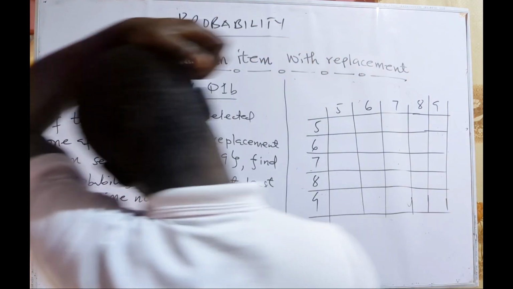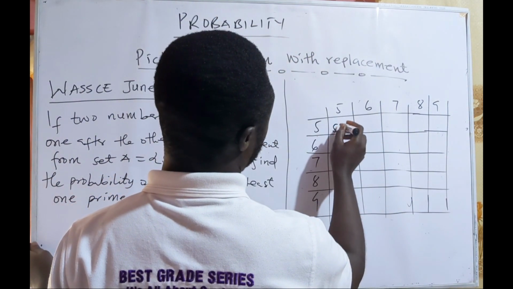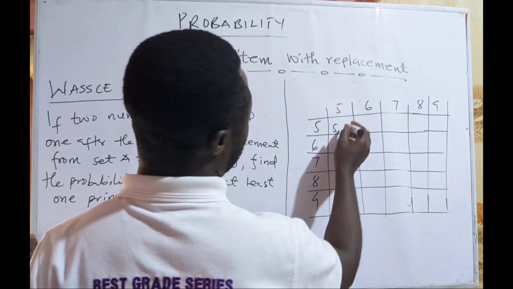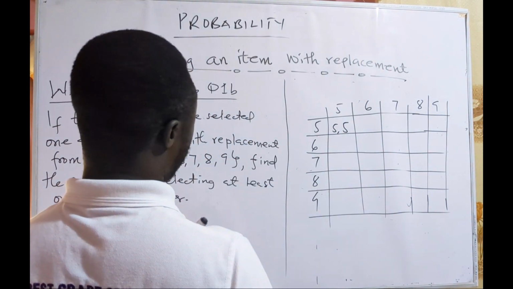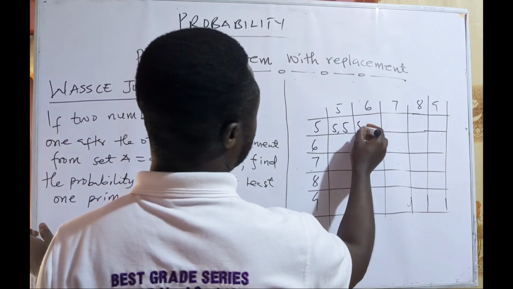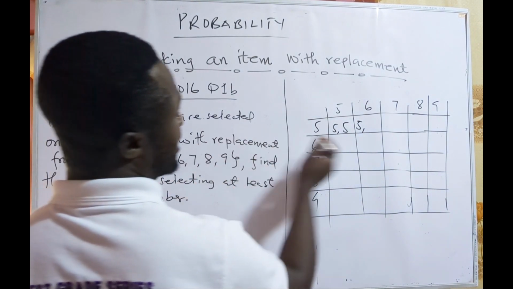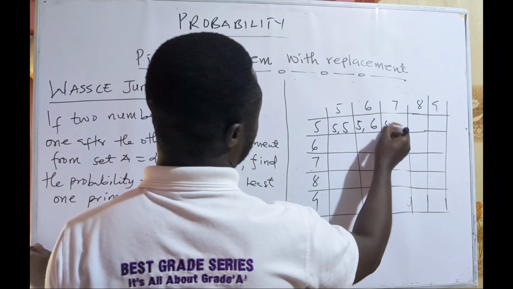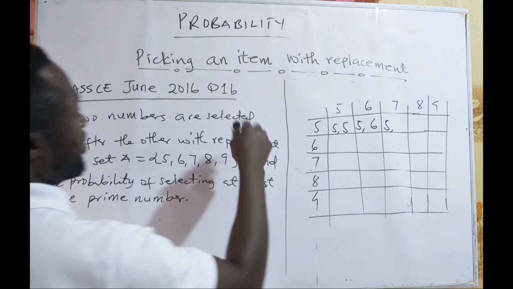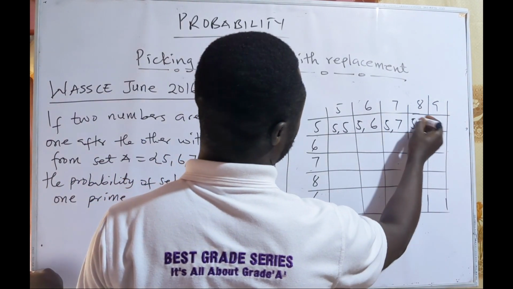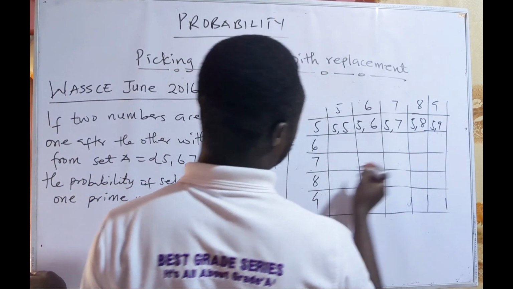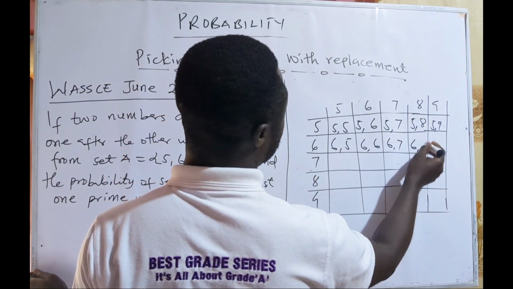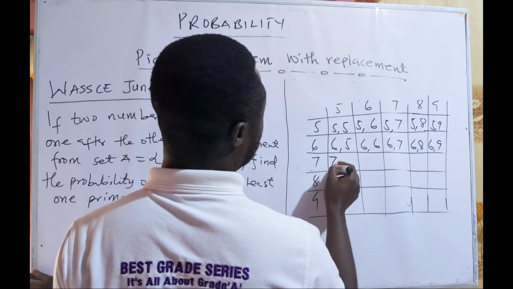It means that when I select the two numbers, either I select 5 and then, because I replace, I come and select 5 again, so it can be 5, 5. Or I select 5 and then 6, so 5, 6. Or 5, 7, 5, 8, 5, 9. Or I select 6 and 5, 6 and 6, 6, 7, 6, 8, 6, 9.